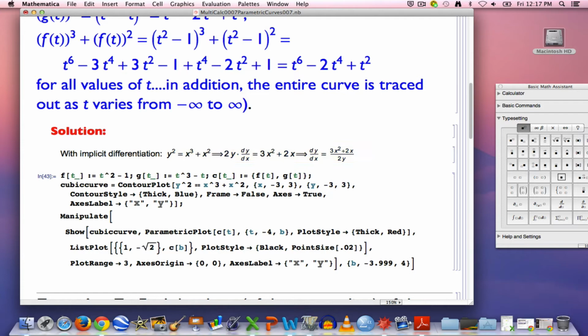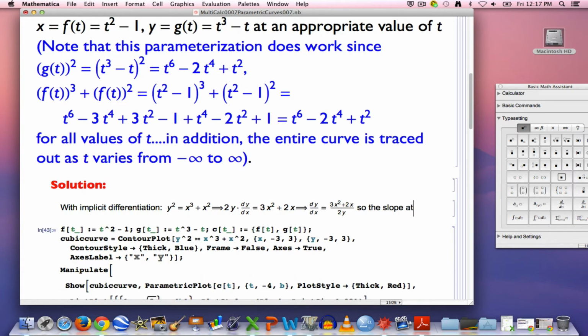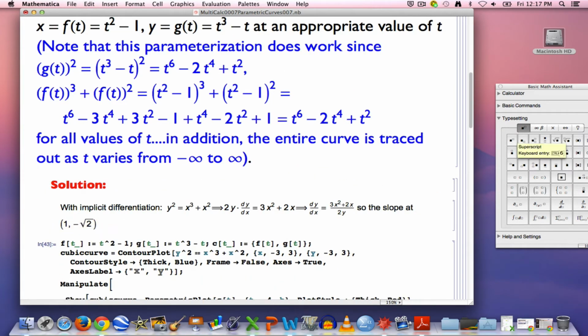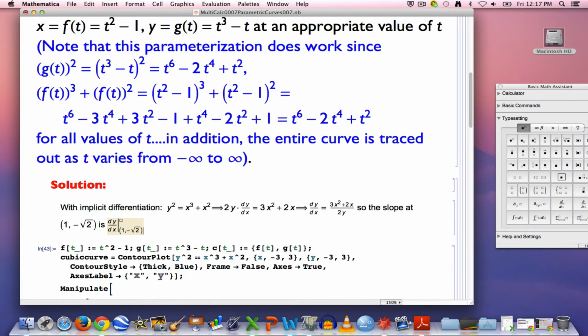Now we want to find the slope at the given point, at this point right here. At that point, what is that slope? It'll be that derivative evaluated at that given point. You don't have to solve for y as a function of x, just plug the point into that expression right there.